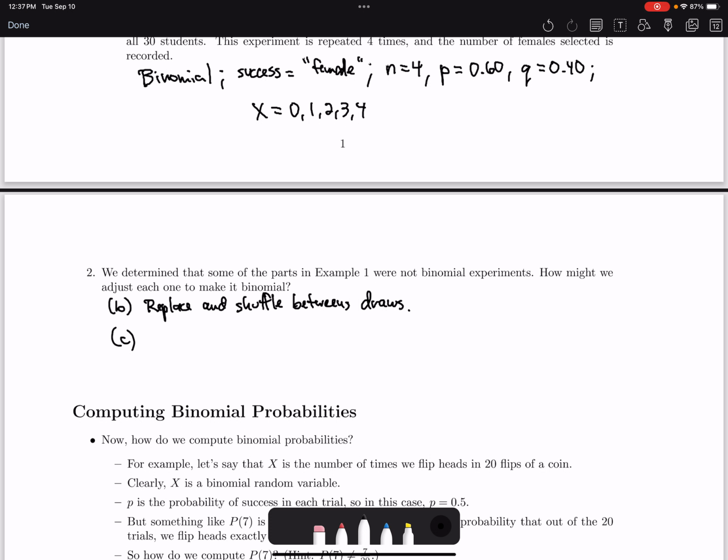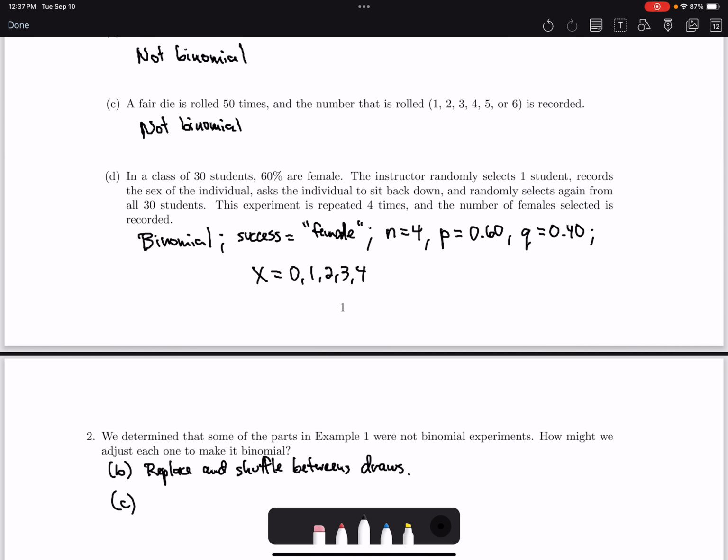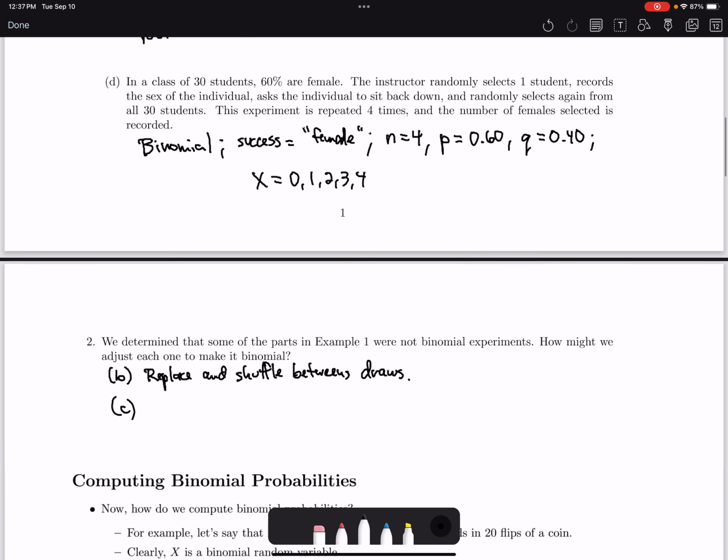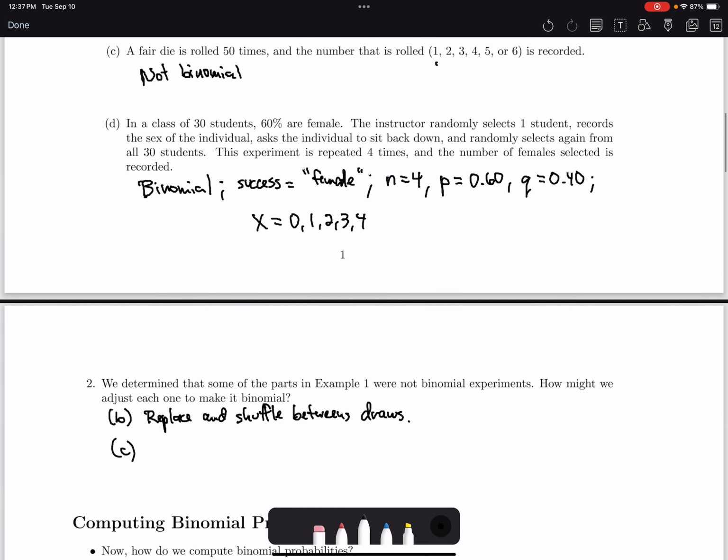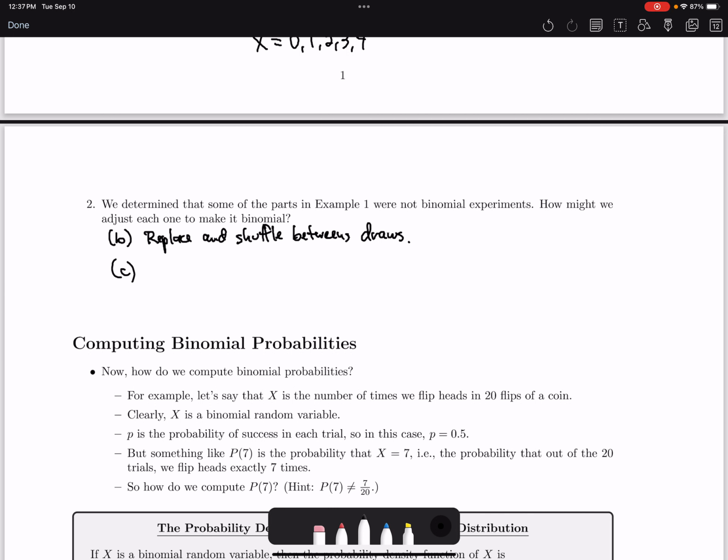So that's part B. Part C was the fair die. So we were rolling a fair die, recording the number rolled. That one was not binomial because we didn't have 2 mutually exclusive outcomes, right? We had 6 mutually exclusive outcomes. So for part C, I think all we have to do is identify some outcome as being a success, right?